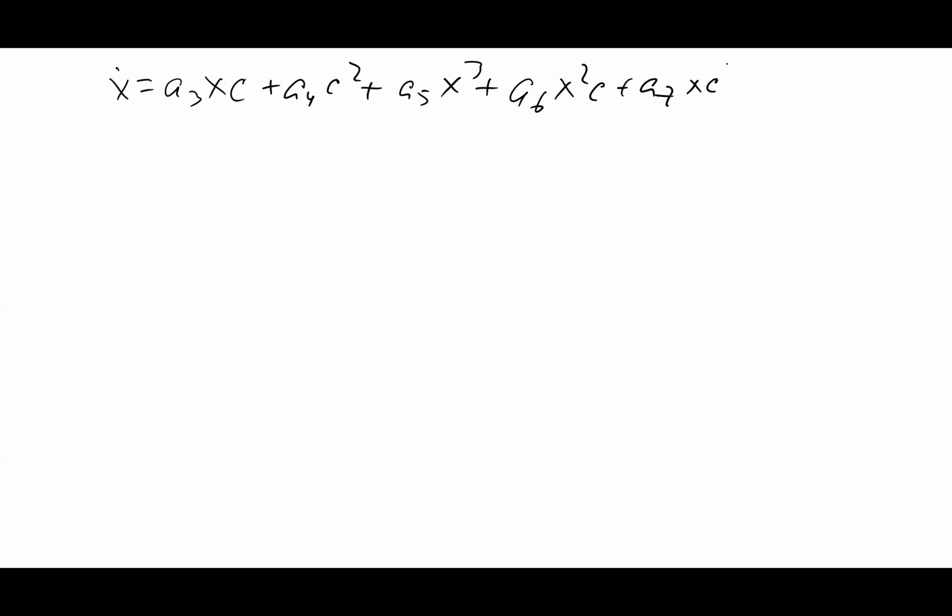Okay, and if we get to third order approximation, I will just straight away go to notations in terms of A's. A3xc plus A4c squared plus A5x cubed plus A6x squared c plus A7xc squared and plus A8c cubed.